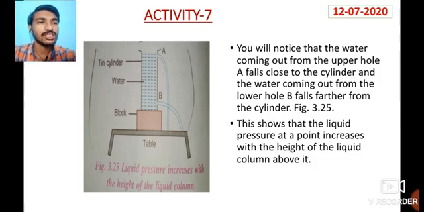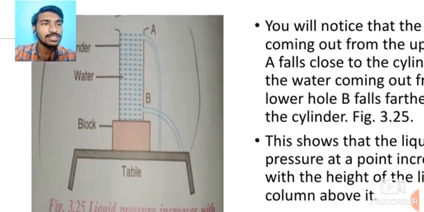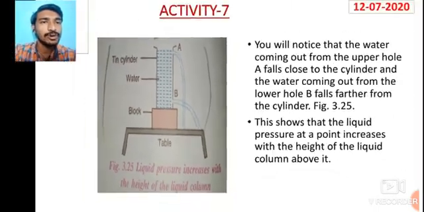So this shows that liquid pressure at a point increases with the height of the liquid column above it. Here I am going to consider liquid points A and B. Both have some pressure. How does the liquid pressure increase? With the height of the liquid column above it.